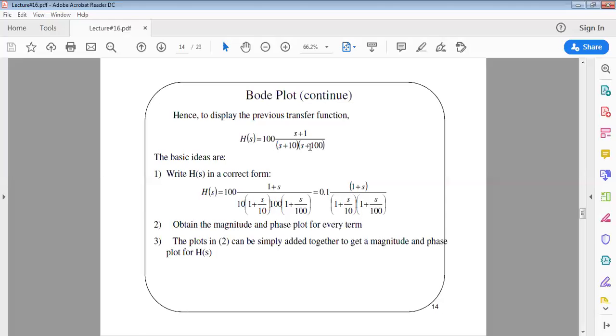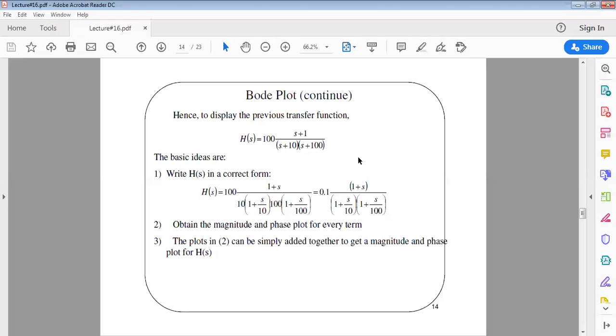The same happens for s plus 100. We take out 100, and we have 1 plus s over 100. The constant now becomes a new value, which is 100 divided by 1000. So we have 0.1, and the rest will follow: 1 plus s, over 1 plus s over 10, and 1 plus s over 100. Okay, so this is the first step. You need to write H(s) in the correct form.